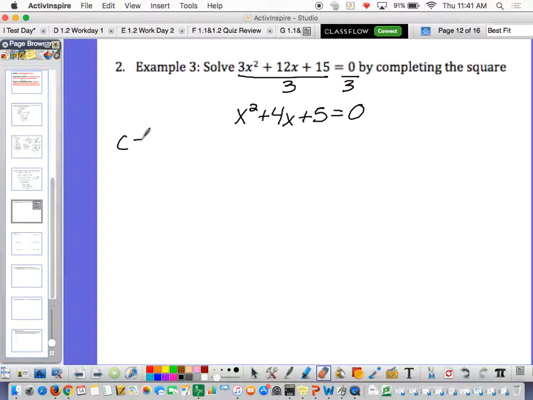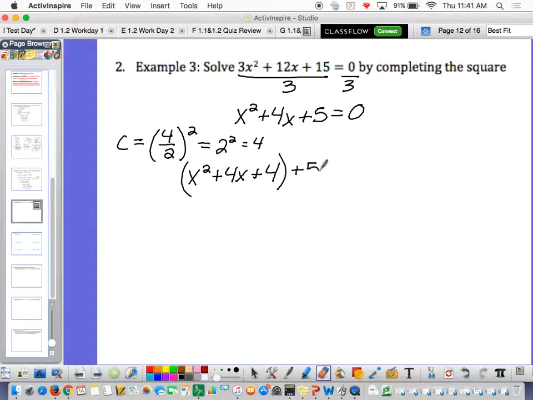So our new C value is going to be 4 over 2 squared, and then that's 2 squared, which is 4. Okay, so we plug that in, x squared plus 4x plus 4. Those are kind of buddies. You still got a 5 over here, but what you do to one side, because we added 4, we must add 4 to the other side.